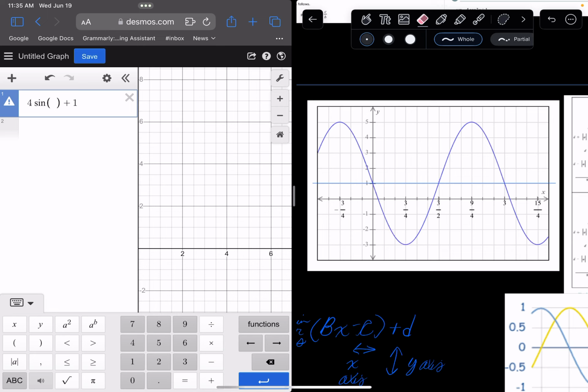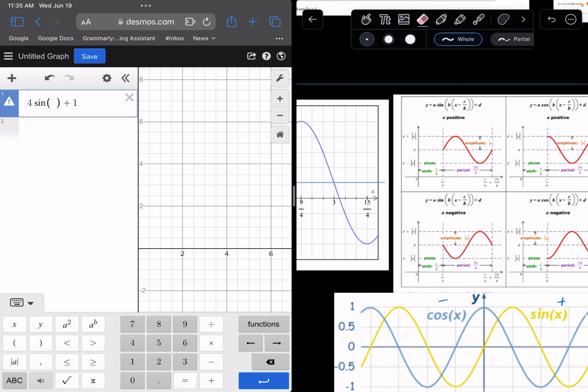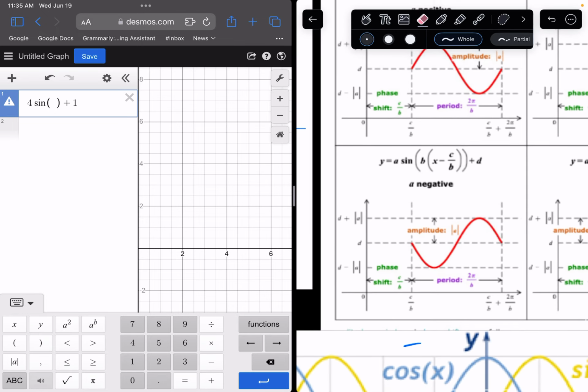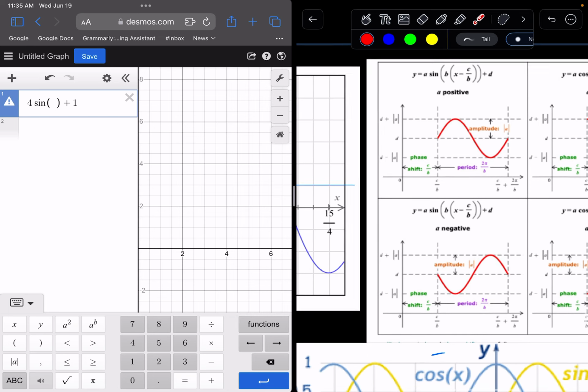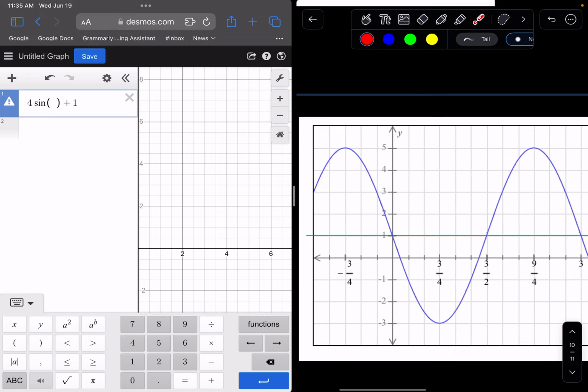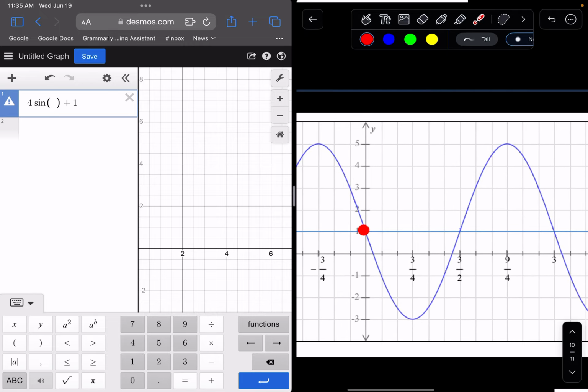And now we need to figure out, is it positive or negative? When we look over here for the explanation, we can see that it's negative, but we're not going to have that on the test. So how you can really tell it's negative is looking from the origin.